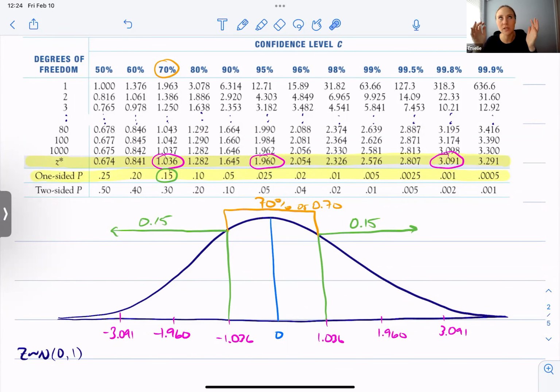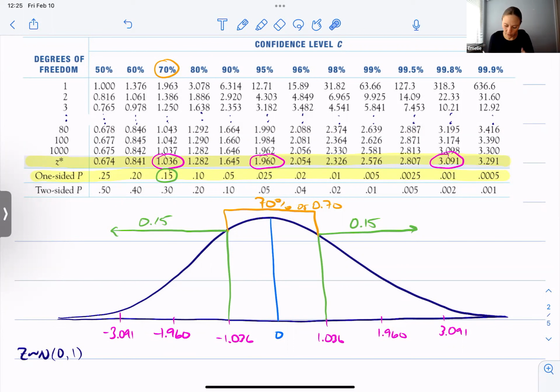It's 1.036, but when we talk about it, 70%. Because I have 0.15 plus 0.7 plus 0.15 makes 1, and so we're always relying on the fact that they have to add to 1. The total area is always 1.